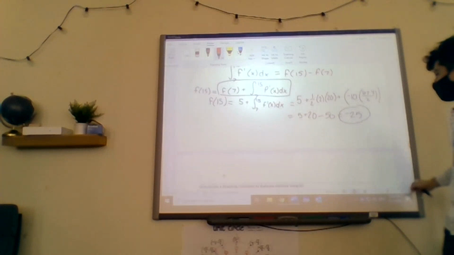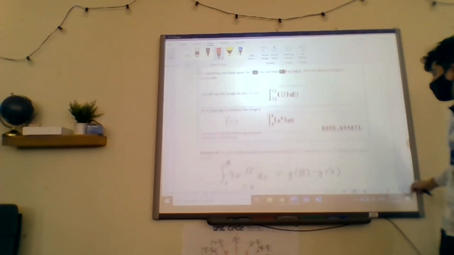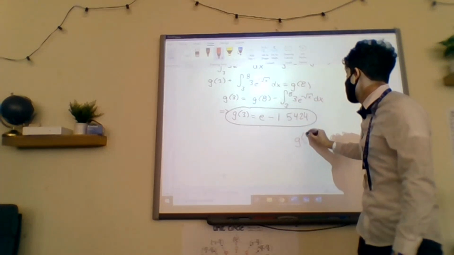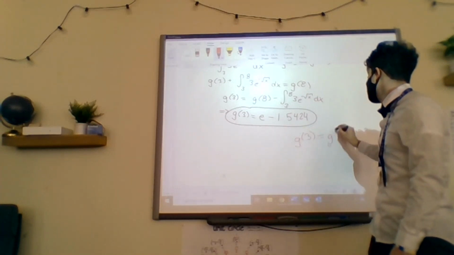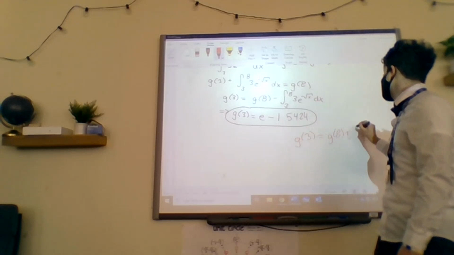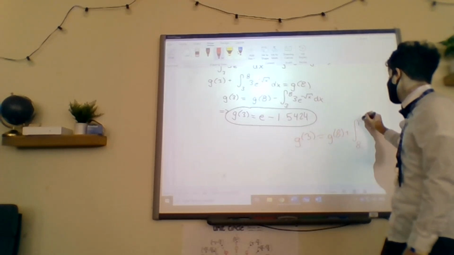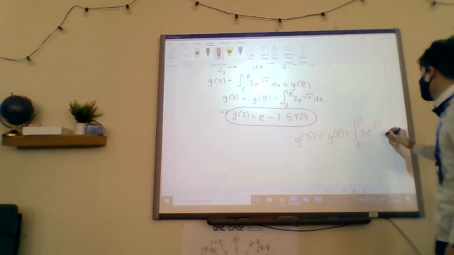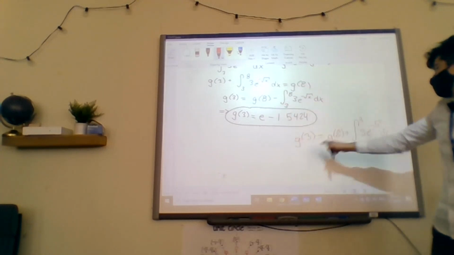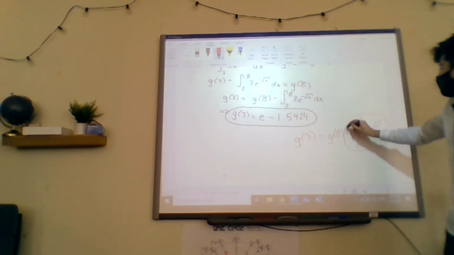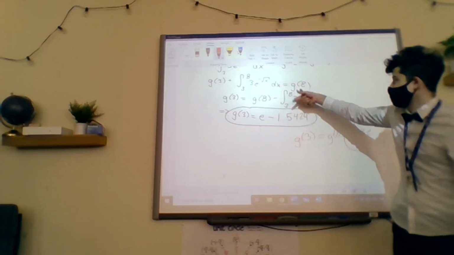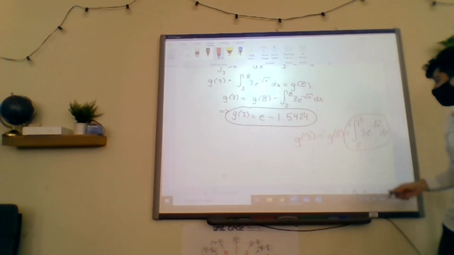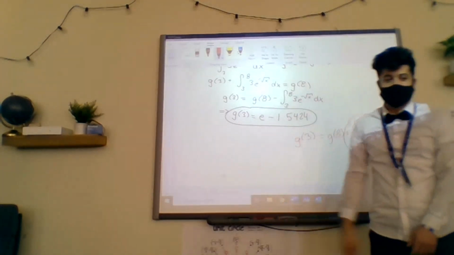So you could have set it up also like this. g of 3 is equal to starting point plus total change, 8 to 3 of your function with respect to x, and then you would get the same exact thing because notice plus this integral is the same thing as switching the bounds and subtracting. So same thing. All right, I think that's all I have to say.